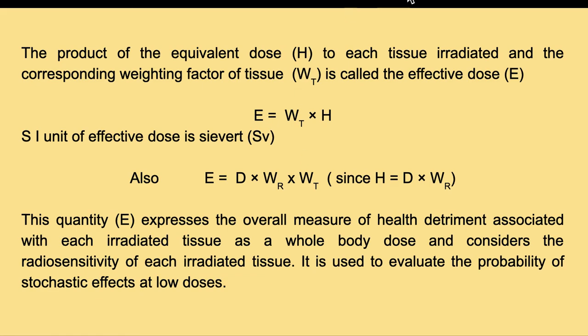So this effective dose is the equivalent dose times the weighting factor of tissue. So D is the absorbed dose, H is the equivalent dose, and the equivalent dose corresponds to the radiation. And now you have E, which is the effective dose. That means actually what is happening in the cell.